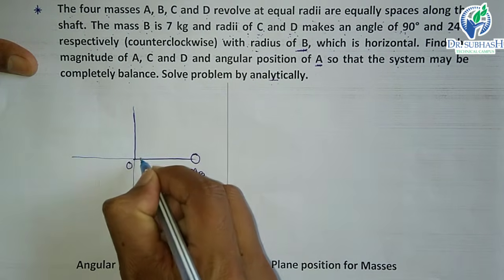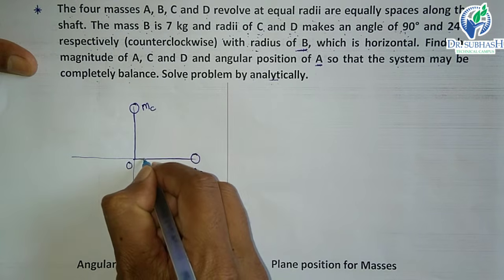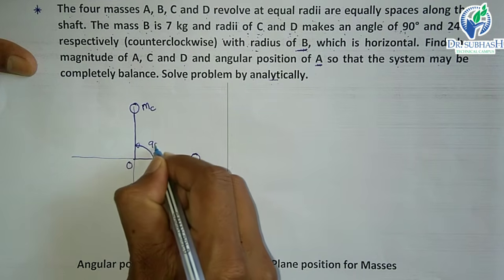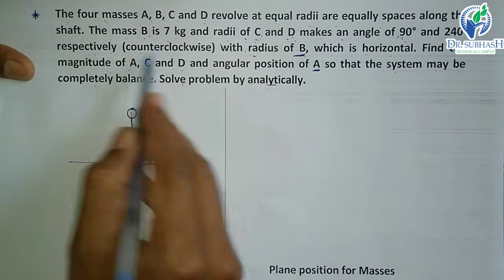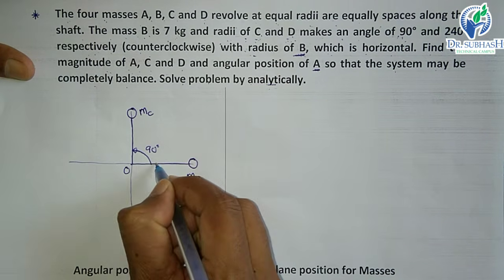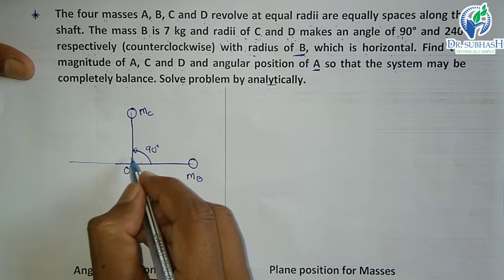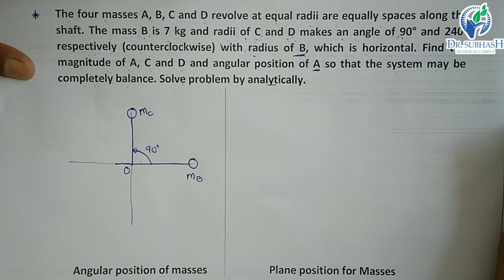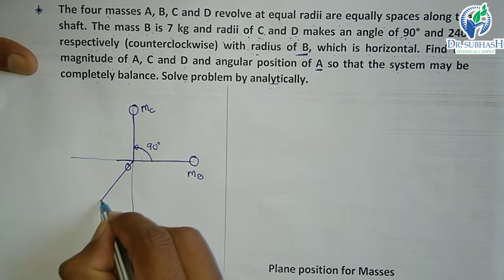Here we put mass C, and this angle is in the counterclockwise direction, and this angle is 90 degrees. Now mass D makes an angle of 240 degrees in the counterclockwise direction with the radius of mass B. Here we consider this is 180 and this is 180, and this is 60 degrees.